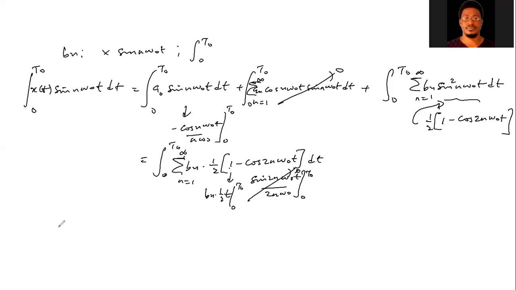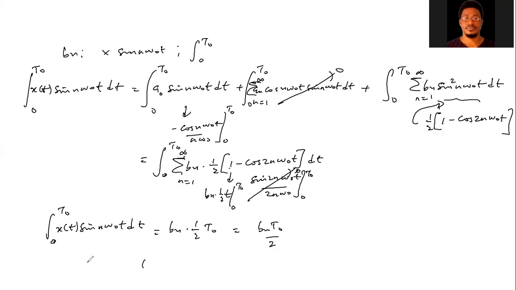So technically, we now have the integral of s(t) sin(n ω0 t) dt, 0 to T0, will now be the same as b_n times 1 over 2 times T0 minus 0, that will be T0. So this is the same as b_n T0 over 2.